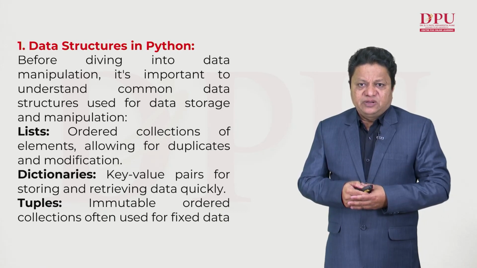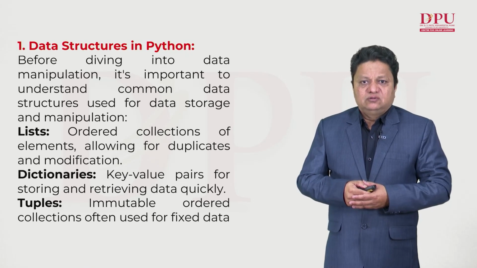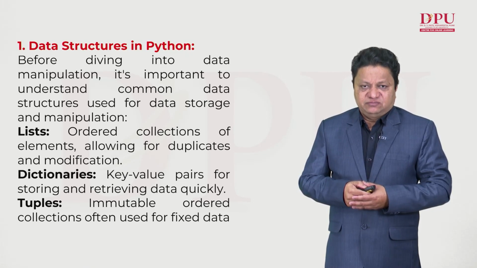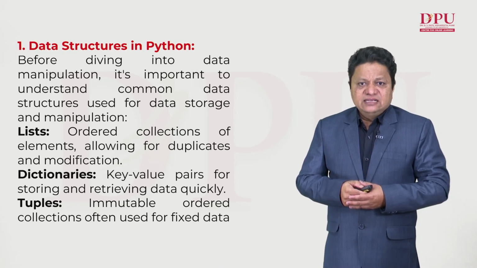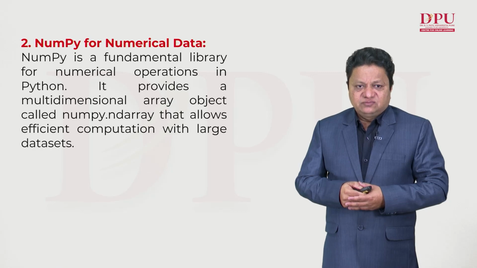So, list and tuples are the same, except list is mutable, whereas tuples are immutable. And one more thing, tuples will not allow you to store duplicate items, whereas list will allow you to store duplicate values.